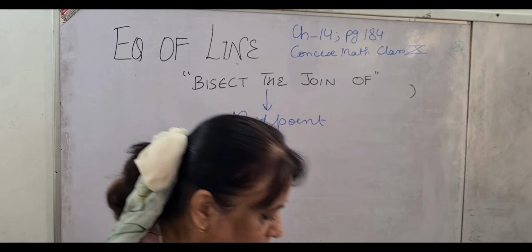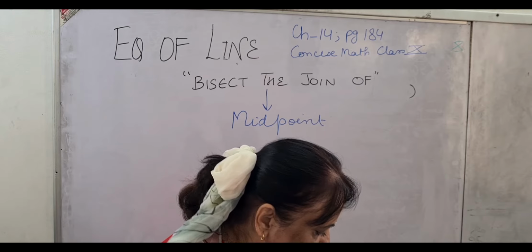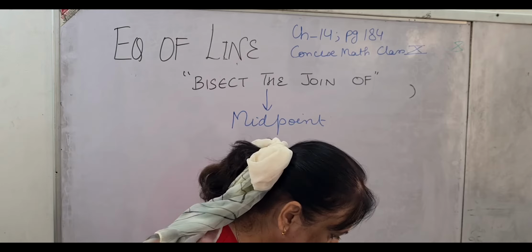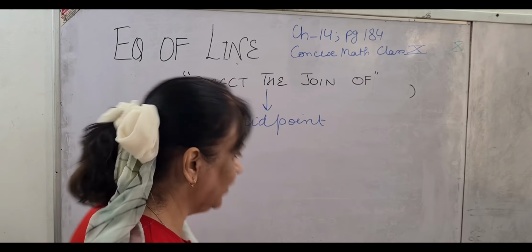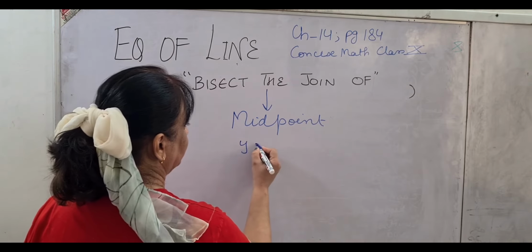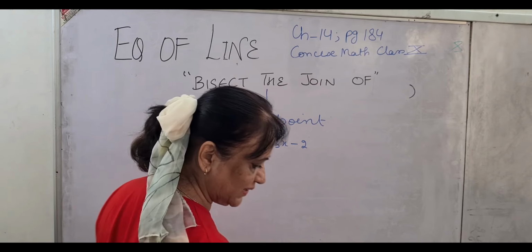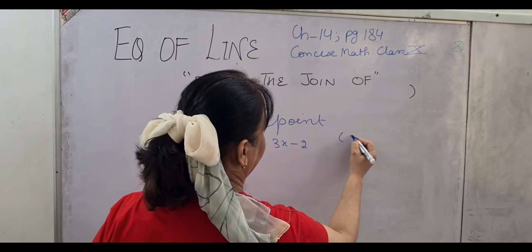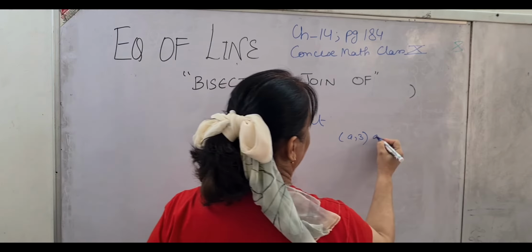For example, on page number 186, you come to question number 7. The line y is equal to 3x minus 2 bisects the join of a comma 3 and 2 comma minus 5.